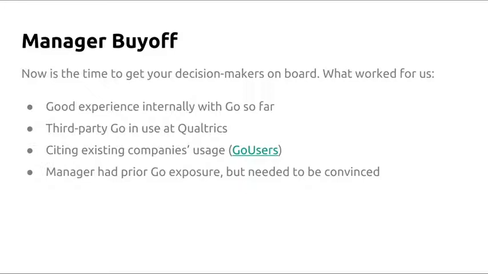But he did mention to us that the engineer side of him really was excited about us trying it. So all we really needed to do for him was convince him of the business side. And really what we've talked about to this point are those business reasons why you would want to use Go. We collected these together into a proposal, and that's what we presented to our manager.